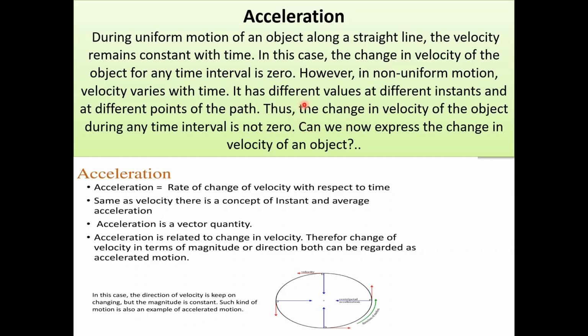So, more precisely, this change in velocity of the object during any time interval can be expressed in terms of acceleration. So what is acceleration? It is the rate of change of velocity with respect to time. The velocity increases when you are applying the accelerator while driving a car.